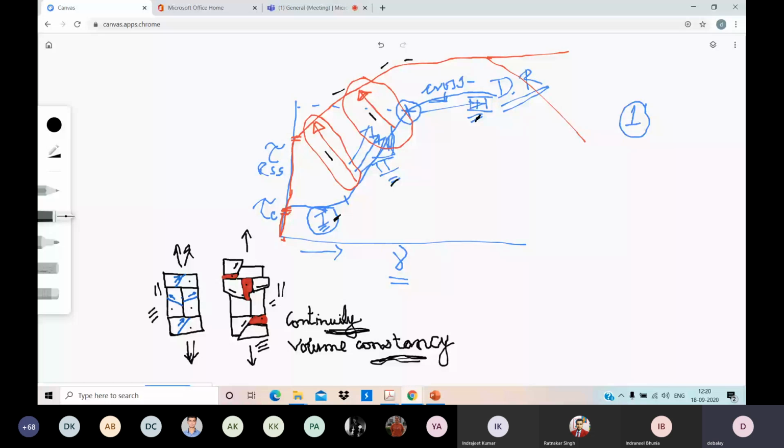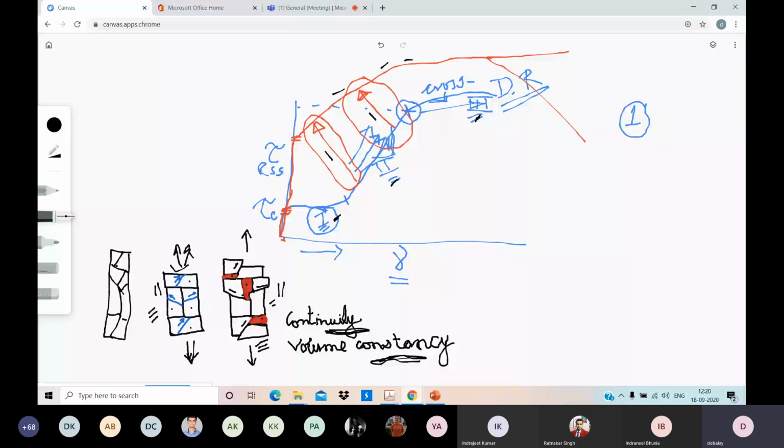So who takes care of that? Ultimately, if this structure deforms, you will find they are deforming in some way together, where there will be slip, as I have shown. The way I have shown the slip to happen, there will be slip. But some continuity will also be maintained along the boundaries, so that things don't get discontinuous.